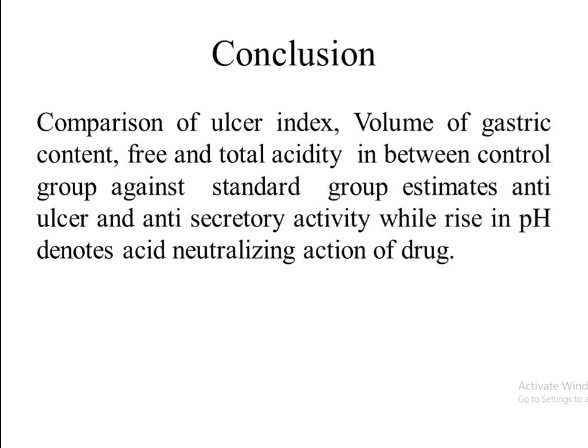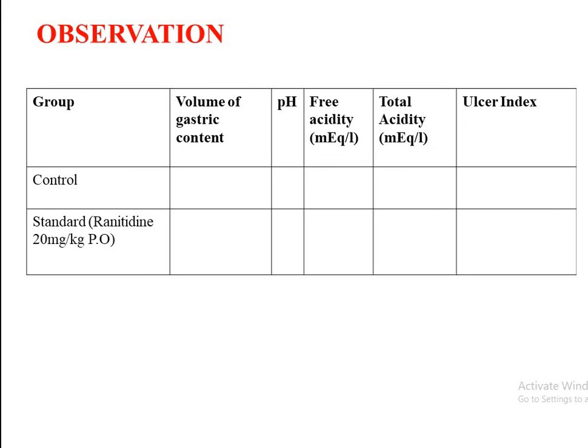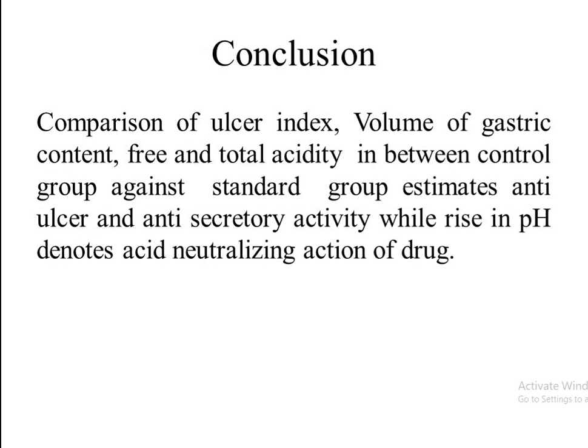You will make your conclusion from here, from the volume of gastric content, pH, free acidity, total acidity and ulcer index for control and for standard. You will compare both groups, and after comparing them with each other, you will reveal your result.